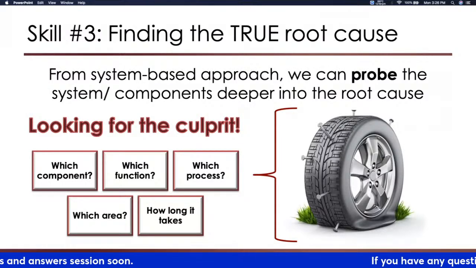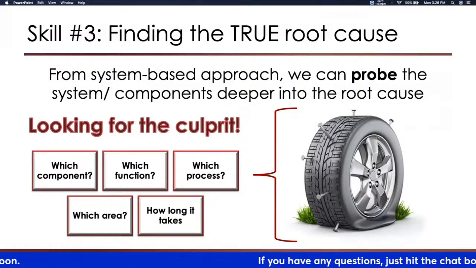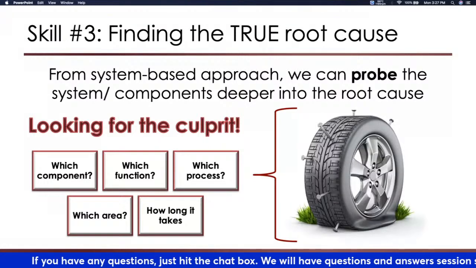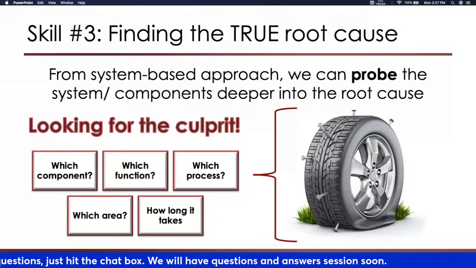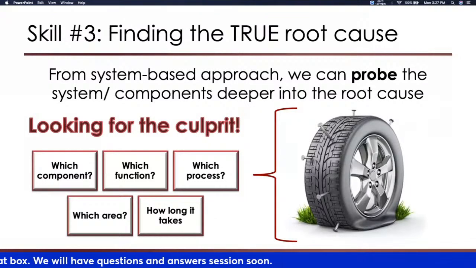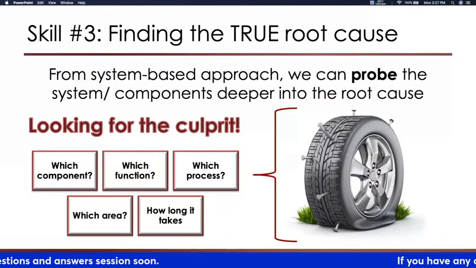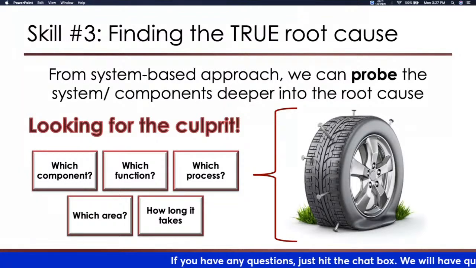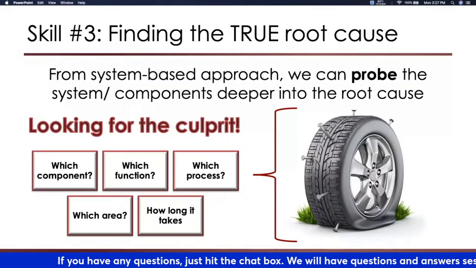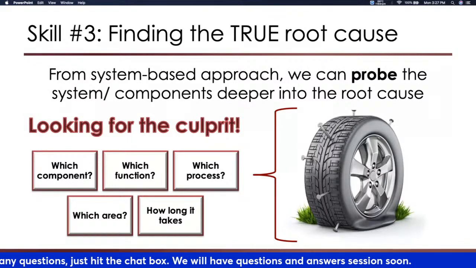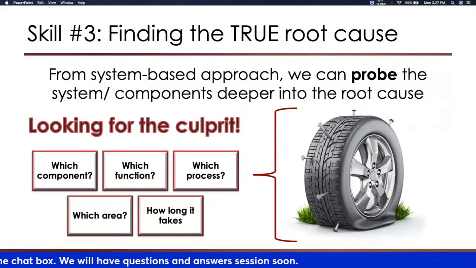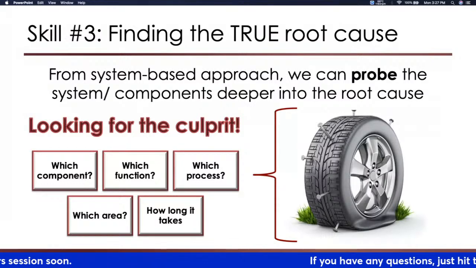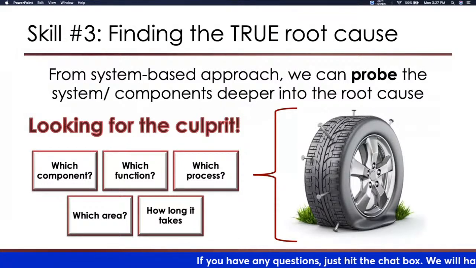Once we get a very good mindset, then we try to look into the system-based approach. We try to see the components and the functionality, and it is easier for us to find the root cause, which component is the culprit. In most of the experience that I have encountered solving problems, they will show that the root cause of the problem is human.